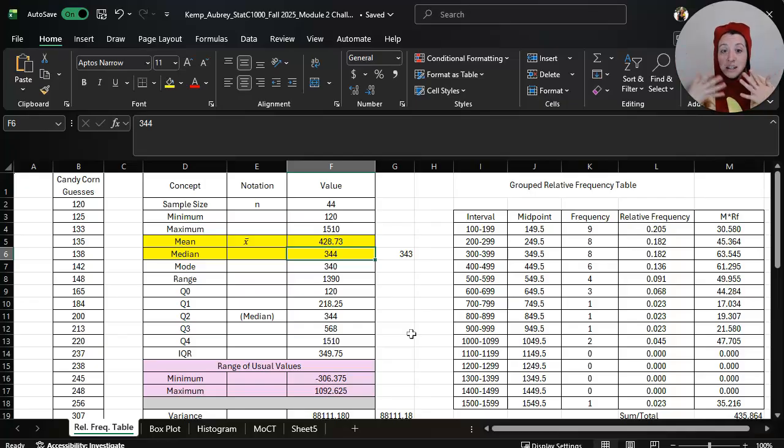And again, if the data set is skewed, that means the mean is being pulled in some direction. You have some guesses that are either higher or lower in such a way that's pulling the mean away from the middle, the median. And so in this case, the median was 344, which was one away from the true value. And that's what's really cool about this.